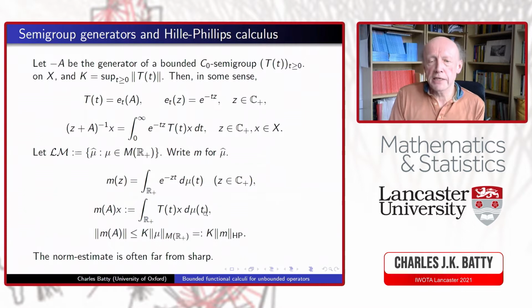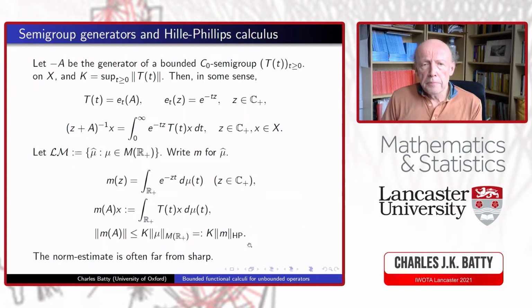This integral makes sense, and the operator M(A) is a bounded operator, and its operator norm is bounded by K, which comes from the boundedness of the semigroup, times the Hille-Phillips norm of M. Have I written the Hille-Phillips norm down on the sheet here? Yes, well, this is the definition of the Hille-Phillips norm of M. It's the norm of mu as a measure.